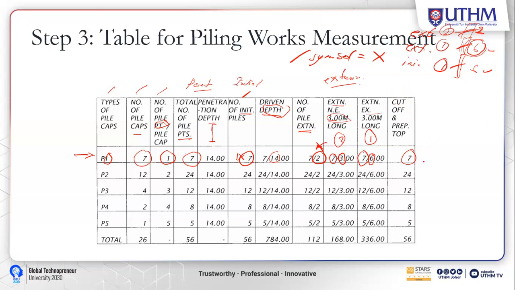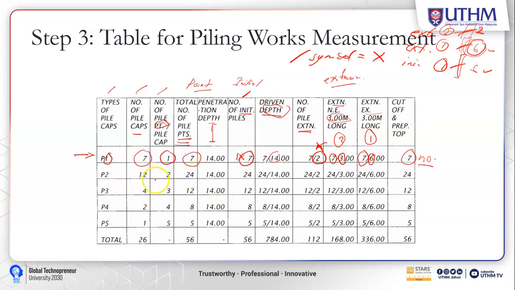For cut off numbers, it will be the same as the total pile points. So please make sure the cut off number is equal to the total number of pile cap points.